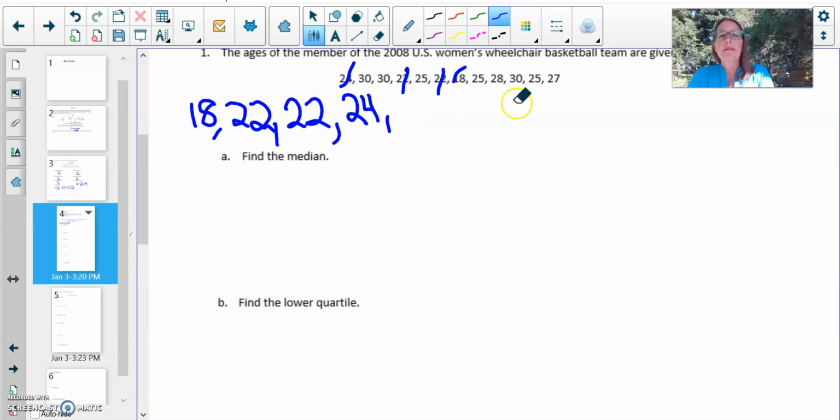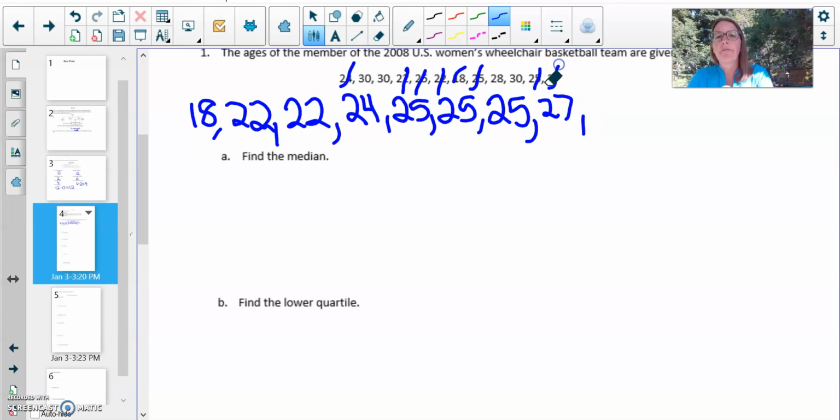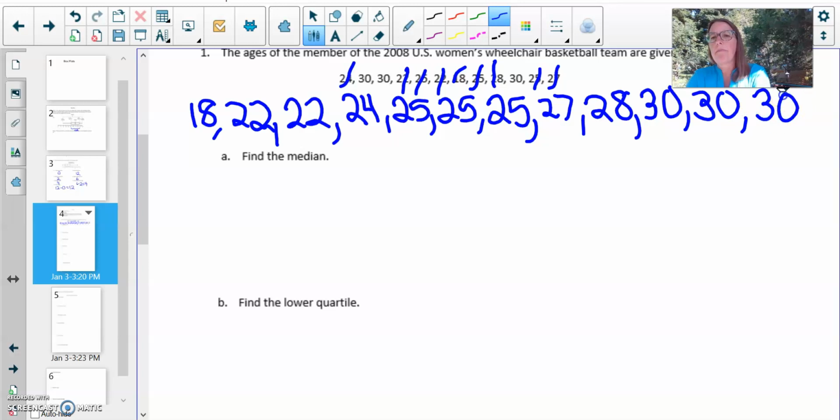Then three 25s. We have a 27, a 28, and three 30s. Okay, so we have all our data now.